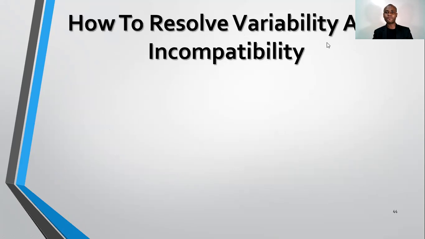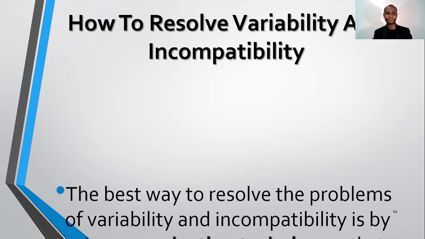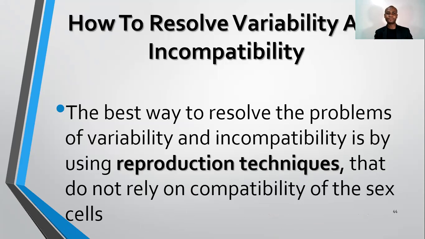So how do we resolve variability and compatibility? Number one, the best way to resolve the problems of variability and compatibility is by using reproductive techniques that do not rely only on compatibility of sex cells.